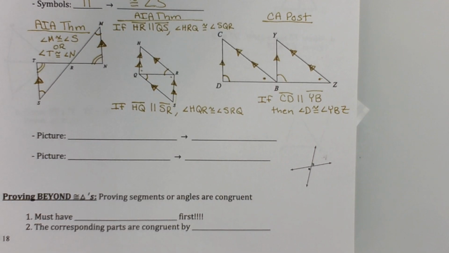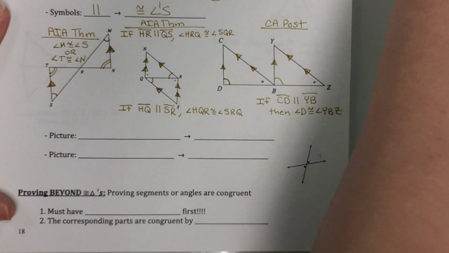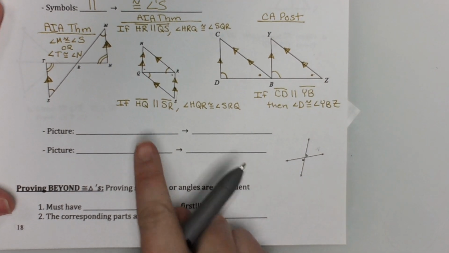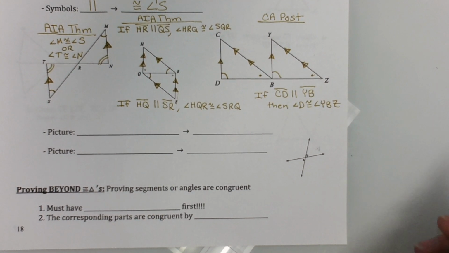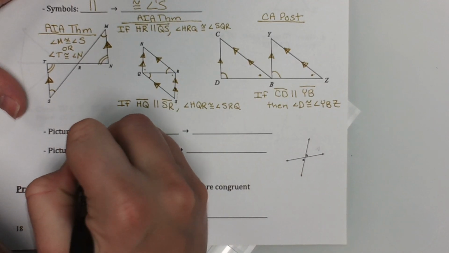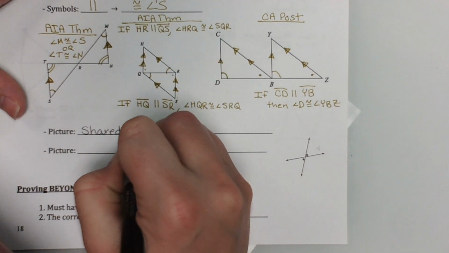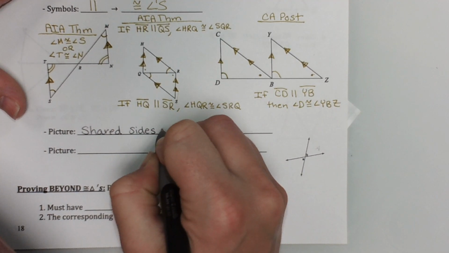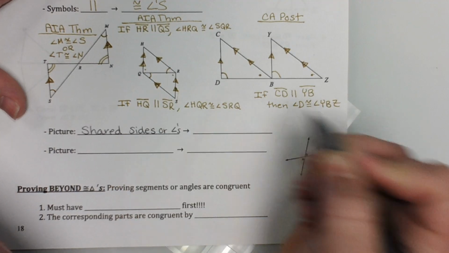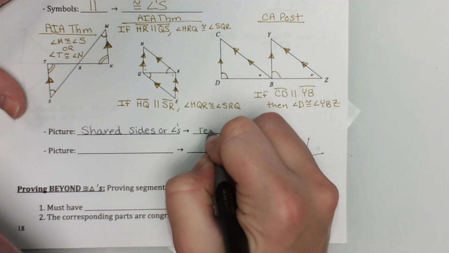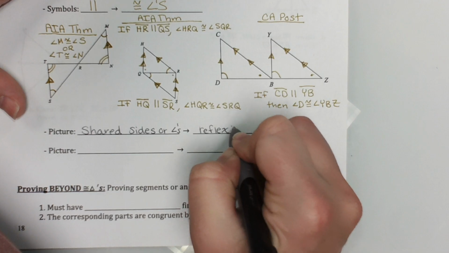Okay, last thing that we're going to fill out are these two. The things you get out of pictures. We've talked about this a lot. There's only two things you get out of pictures. Shared sides or angles. That's when we use our reflexive property.